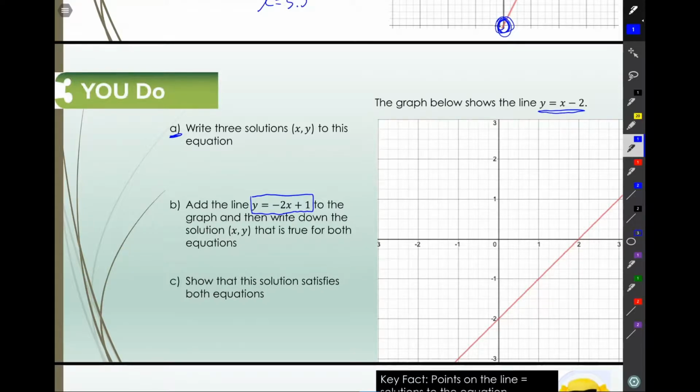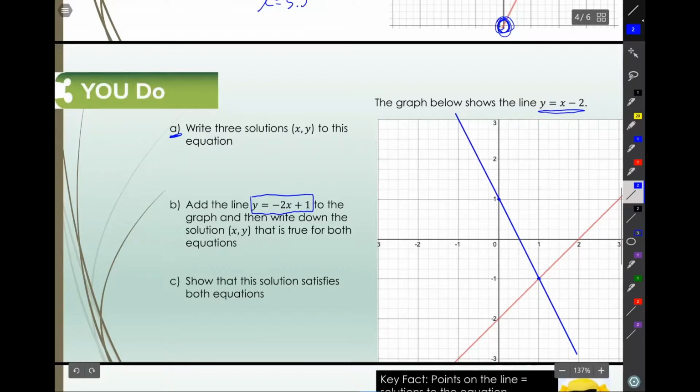Okay, so let's plot this line. It's going to go through these 2 points. Let me just line it up. And it keeps going up this way. Okay, this is the line y equals minus 2x plus 1.